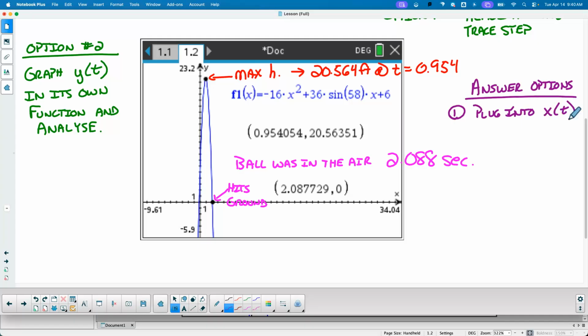What would be another sub option to find the answer? Go back to the trace, right? And we could type in 2.087729 into that. So we've got two options here.